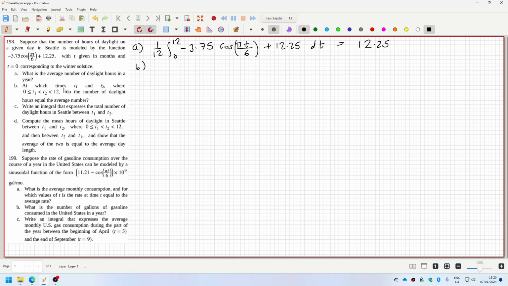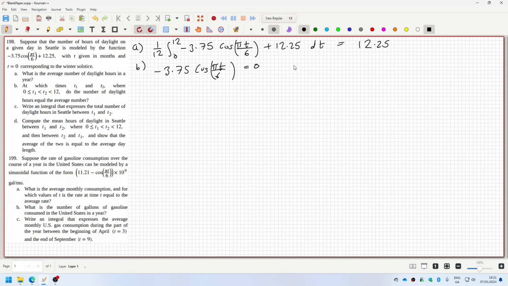B. At which times t1 and t2 do the number of daylight hours equal the average number? Okay, so we just want to solve this equation: minus 3.75 cos pi t over 6 plus 12.25 equals 12.25. So when does that equal 0?